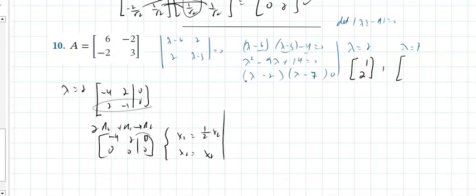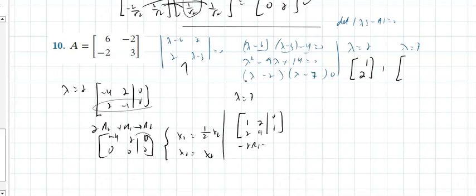And with lambda equals 7, I'm looking at, let's see, 1, 2, 2, 4.